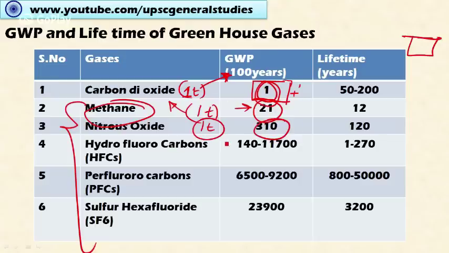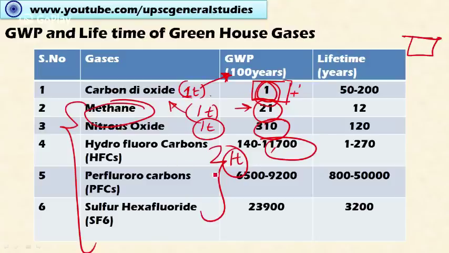Various fluorinated gases, as I mentioned earlier, have higher global warming potential. For example, hydrofluorocarbon has 11,700 units of global warming potential, so 1 ton of hydrofluorocarbon contributes 11,700 times more global warming when compared to 1 ton of carbon dioxide.